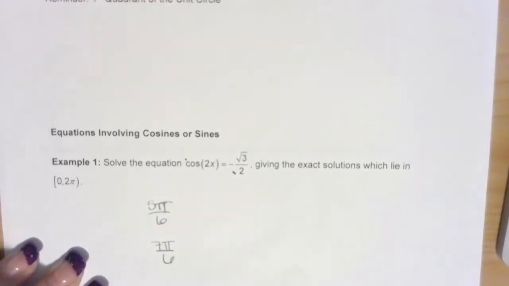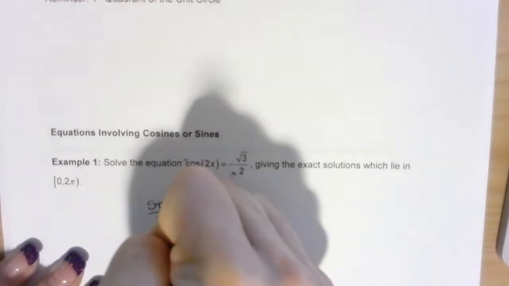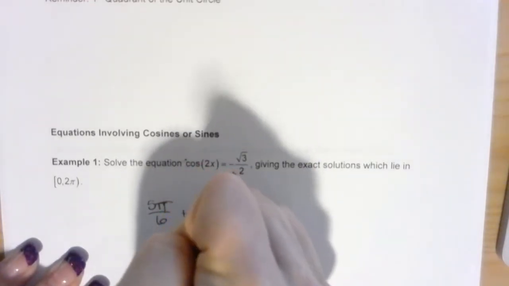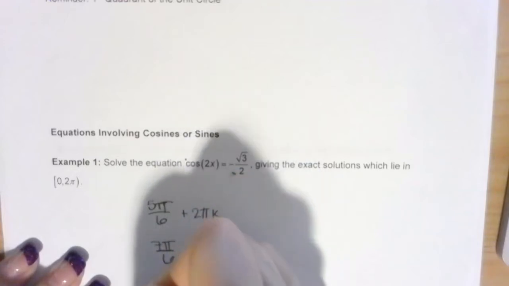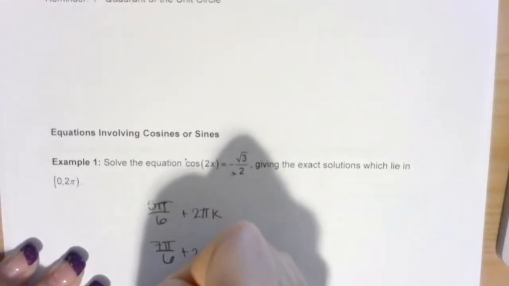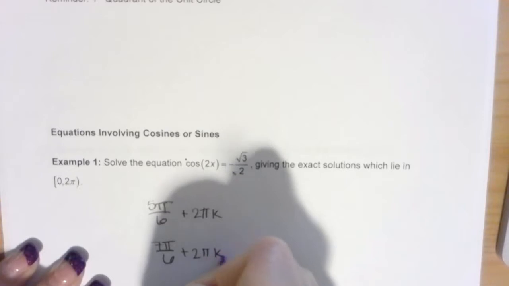Now, of course, with cosine, we are going to add 2 pi k to it.